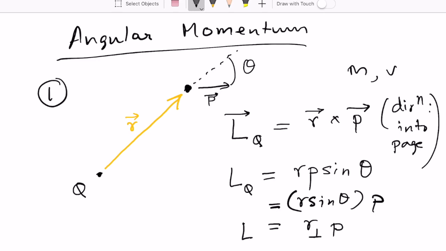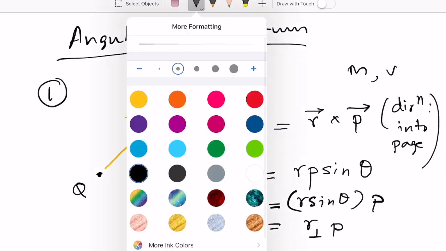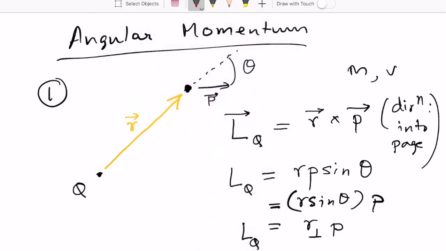And you should remember how to calculate the lever arm of a vector. What you do is you draw a line through the vector, which is the momentum vector in this case, and then you make a perpendicular from that line, from the reference point out to that line. This perpendicular is called the lever arm.